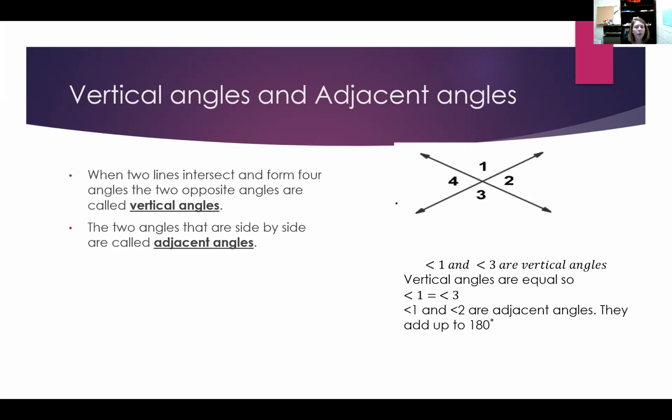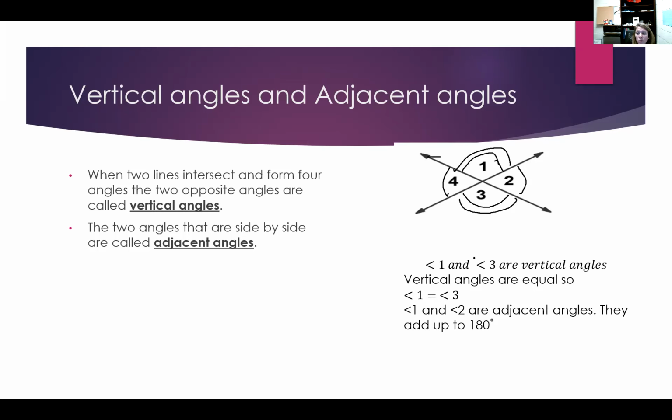All right, vertical angles are when two lines intersect and they form four angles. The two opposite angles are your vertical angles. So these would be vertical, and, well, I wanted to get a different color, and these would be vertical. Okay, so angle 1 and 3 are vertical angles.